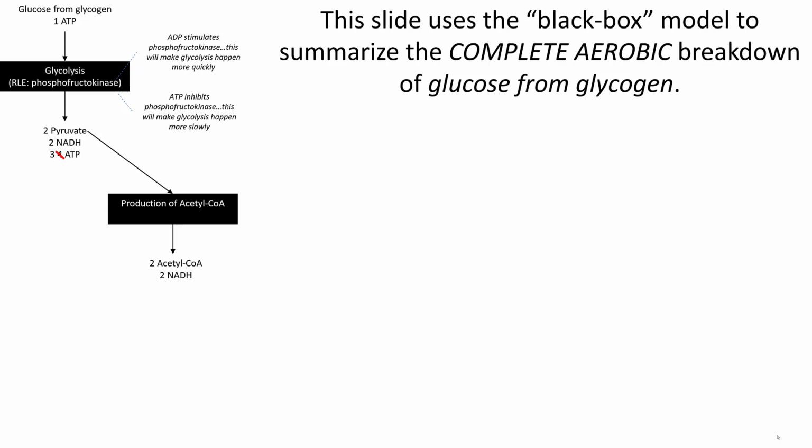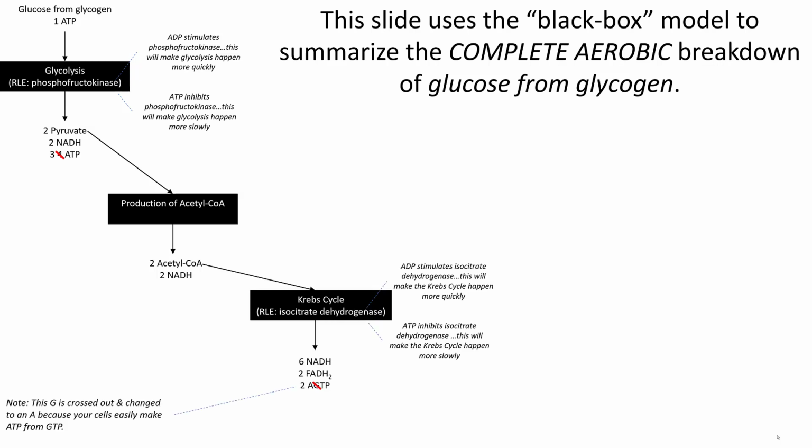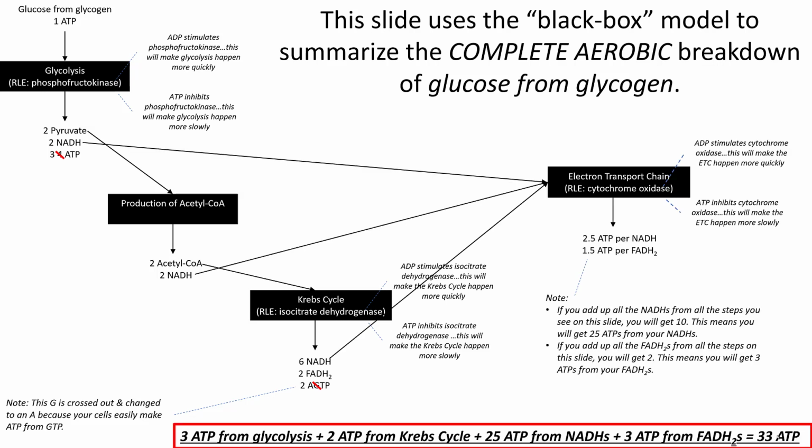The 2 pyruvates are used to make 2 acetyl-CoAs and 2 NADHs. Those acetyl-CoA molecules then go into the Krebs cycle, and in the Krebs cycle you'll get 6 NADHs, 2 FADH2s, and 2 ATPs. And then finally, all of the NADHs and FADH2s will feed into the electron transport chain.